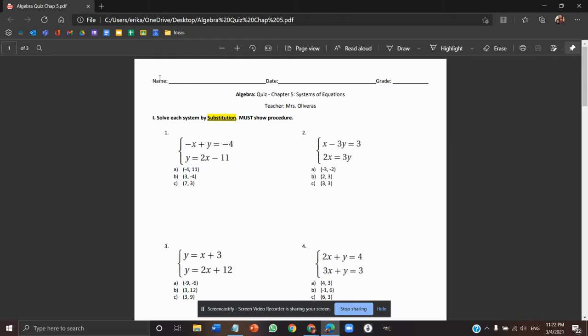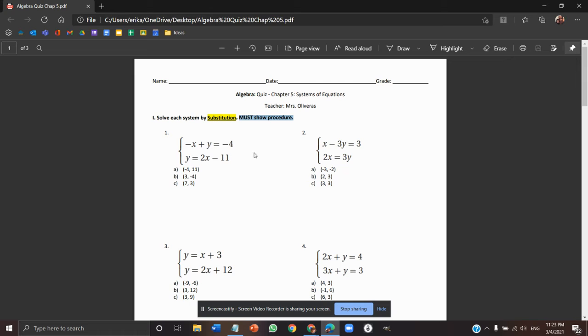First things first, you're going to write your name, the date, and your grade. The first part says solve each system by substitution, meaning that you're going to have two equations. You're going to use substitution to solve them. Then you're going to choose the best answer, circle it, and of course, you must show your procedure.